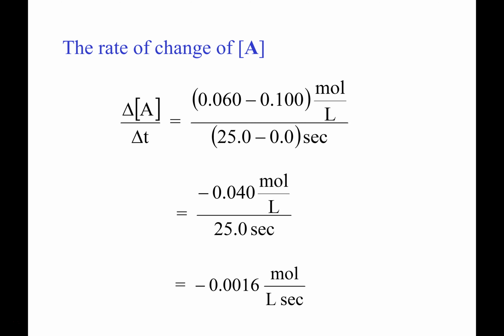That's the rate of change of A. And the way we show rate of change of A is like you see it up there: change in molar concentration of A over change in time.